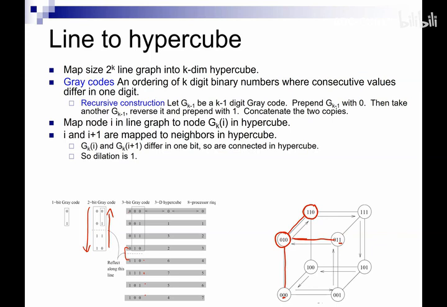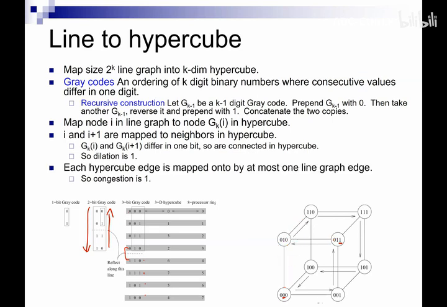So now we know that 2 neighboring processes in the line will get mapped to neighboring processes in the hypercube. Therefore the dilation of this mapping, that's how far an individual edge from the line gets stretched onto the hypercube, is just 1. The edges do not get stretched at all.